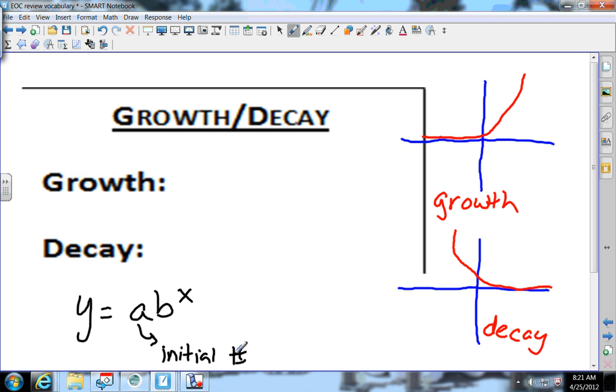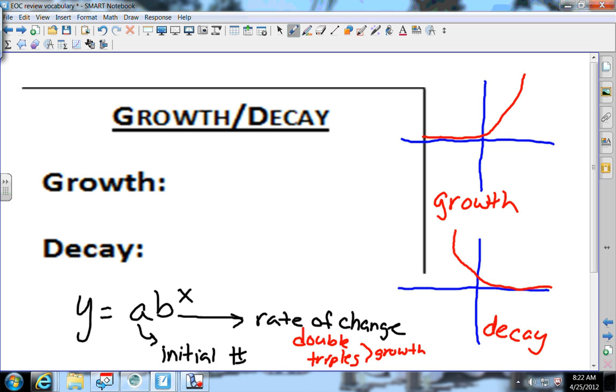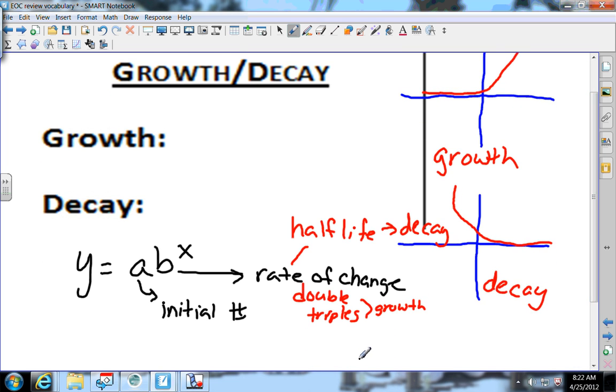If you're talking about the growth of the rabbit population, how many rabbits are you starting with? This right here, that b, is your rate of change. The words we've used for rate of change have been like doubles, triples. Doubles and triples would be growth because it's going up. If we use words like half-life, this would be decay.